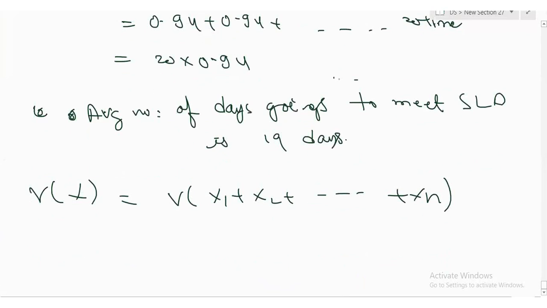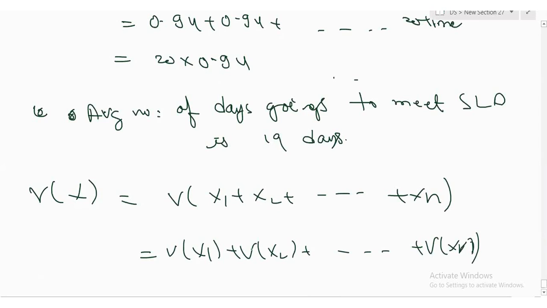What is the meaning? This is nothing but V of X1 plus V of X2 up to V of Xn. But each one is a Bernoulli, and already we talked about it.